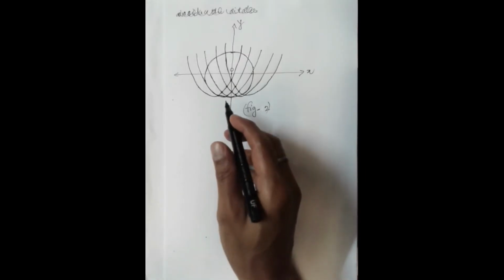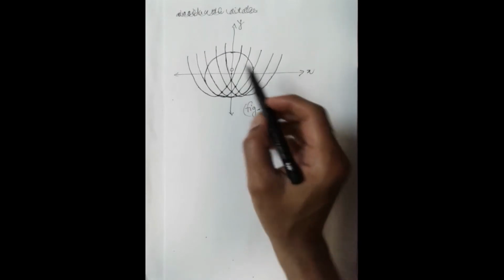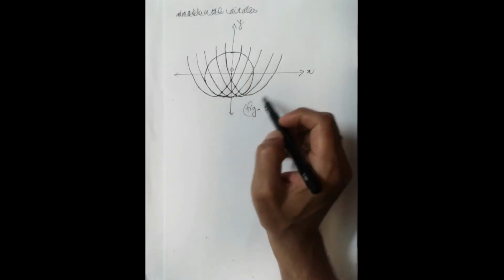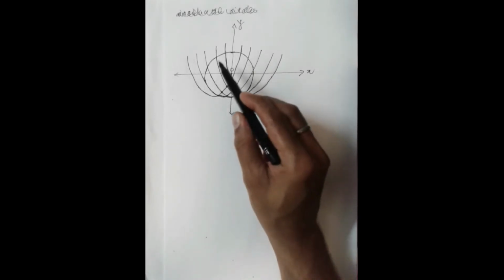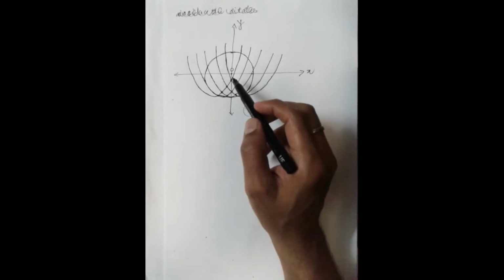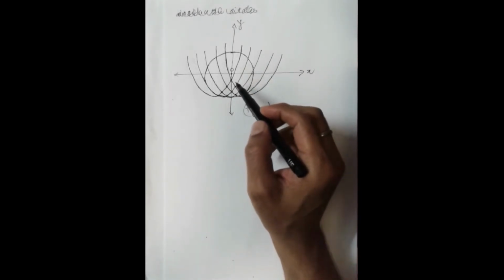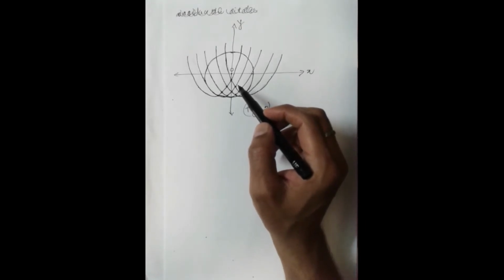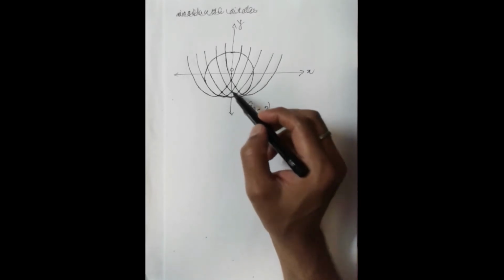Now we can see from this figure the family of parabolas inside the circle x square plus y square equal to 1 does not form a field, because the parabolas of this family intersect inside the circle at these points.